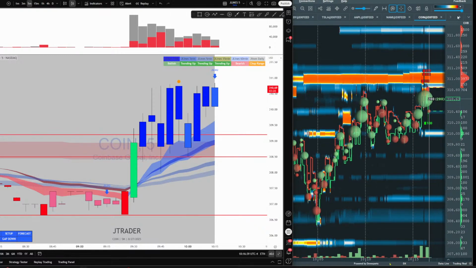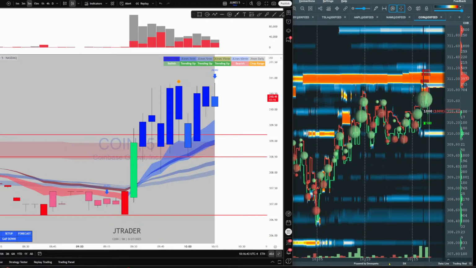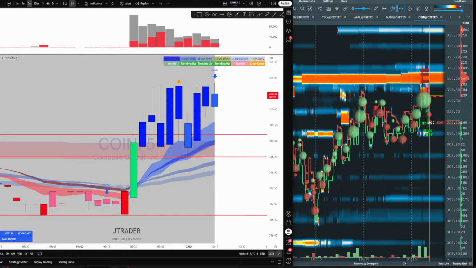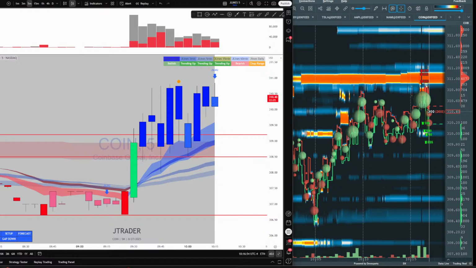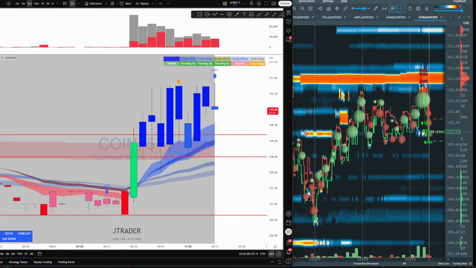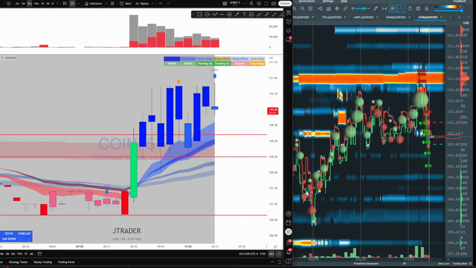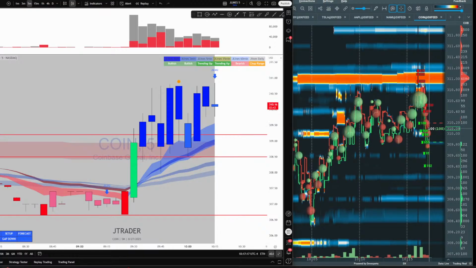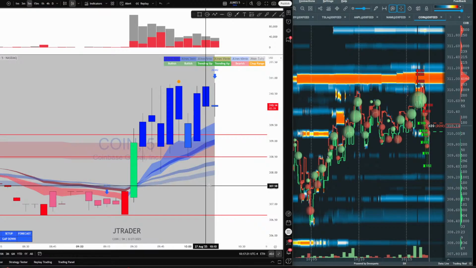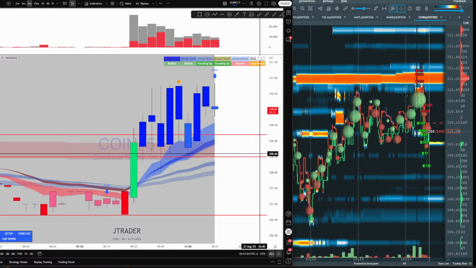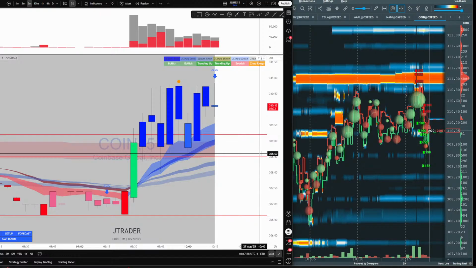I want to see a break of 311. Slow market in terms of setups in large caps. Much better instead in small cap land.